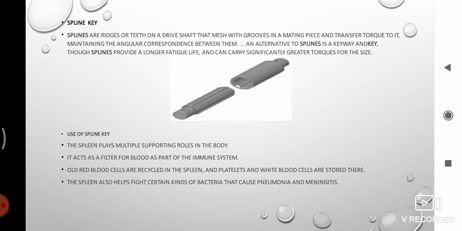Spline keys. Splines are ridges or teeth on a drive shaft that mesh with grooves in a mating piece and transfer torque to it, maintaining the angular correspondence between them.